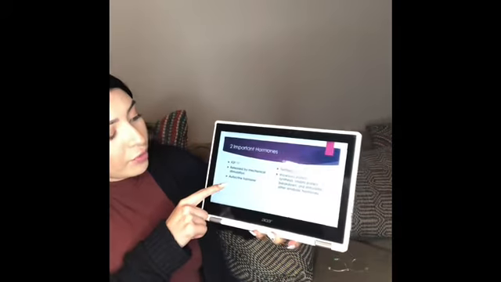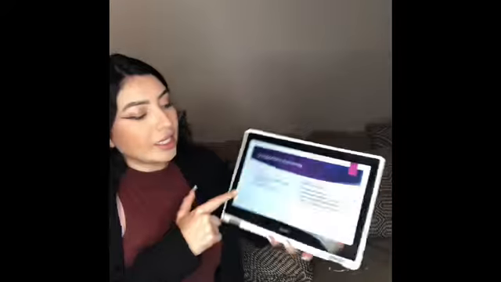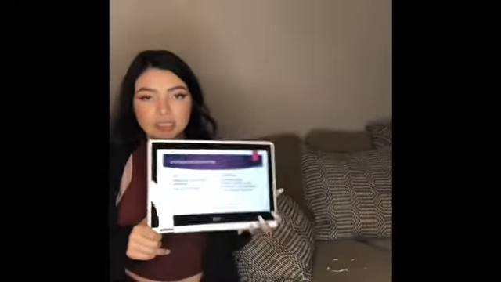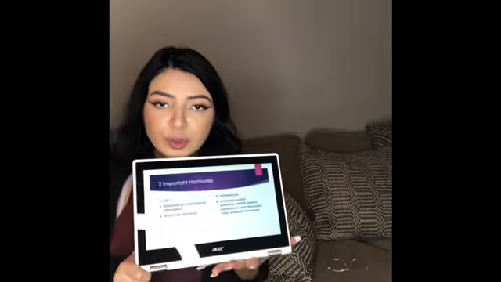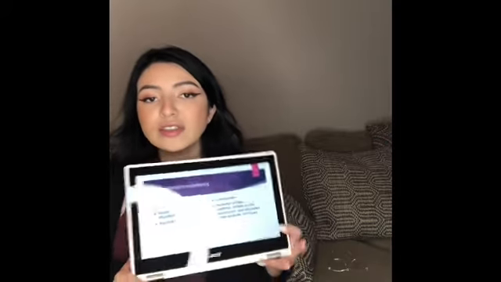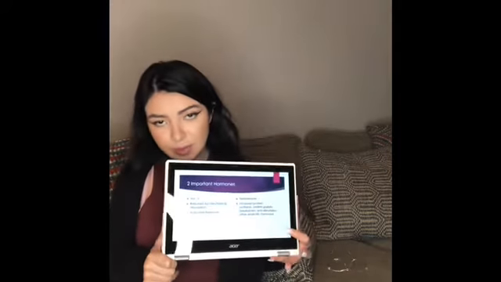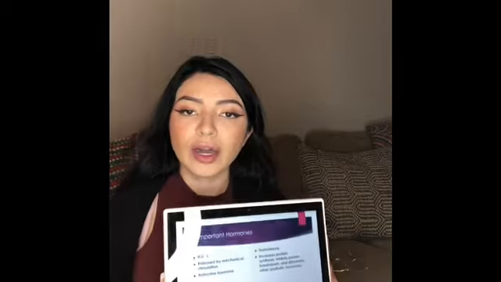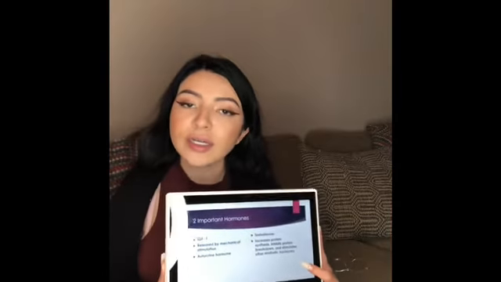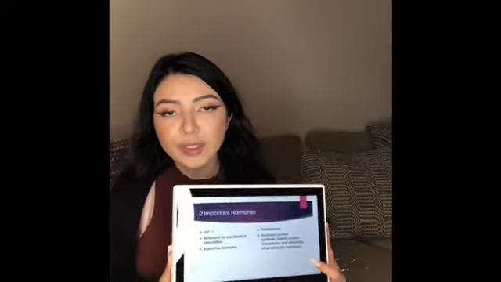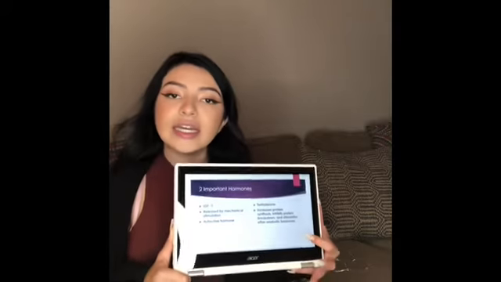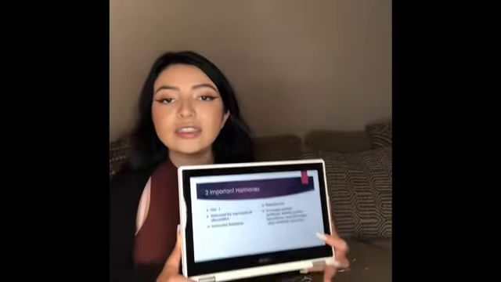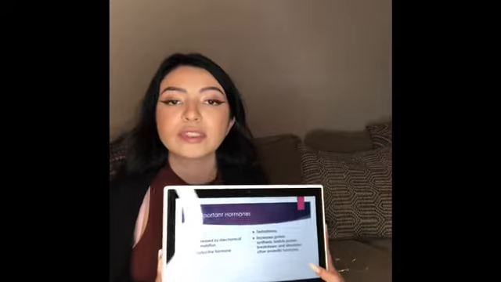IGF-1 is an autocrine hormone and is found in both males and females. Testosterone is found in a higher amount in males, which is why guys have an easier time putting on muscle than females. Testosterone is going to aid in protein synthesis, and it's going to prevent the breakdown of protein in the body.